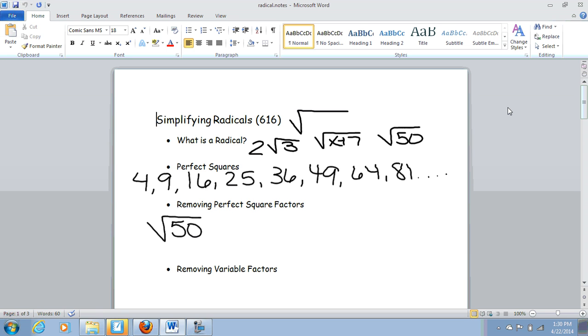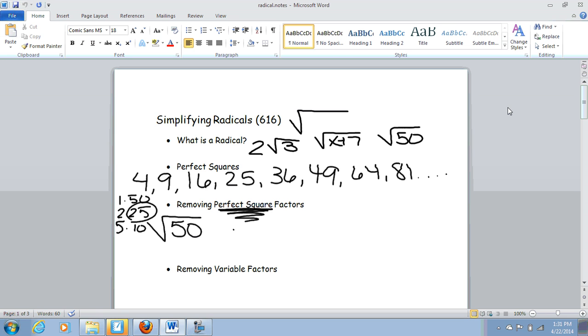So we could say 1 times 50, 2 times 25, 5 times 10, okay? When we're listing those factors, we want to look for factors that happen to be perfect squares. So, we look at 1 and 50, those aren't perfect squares. We look at 2 and 25, 25 is a perfect square. 5 and 10, neither of those are perfect squares.